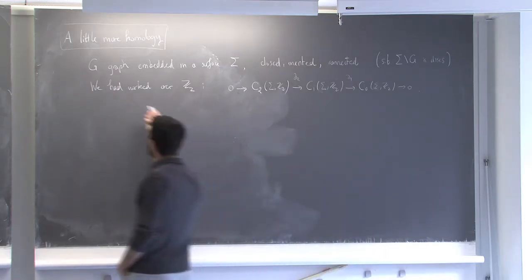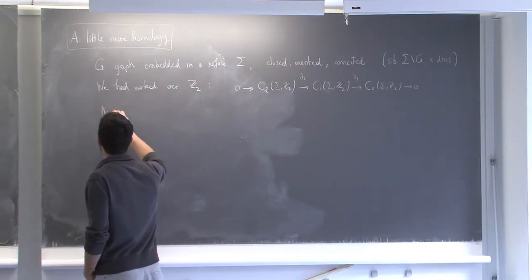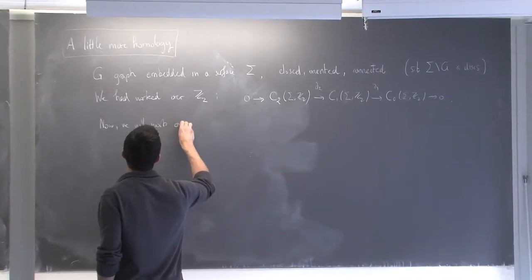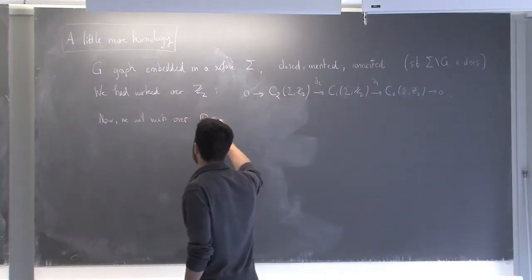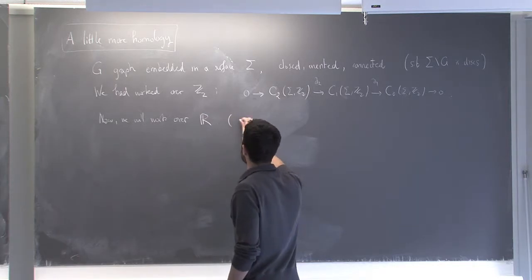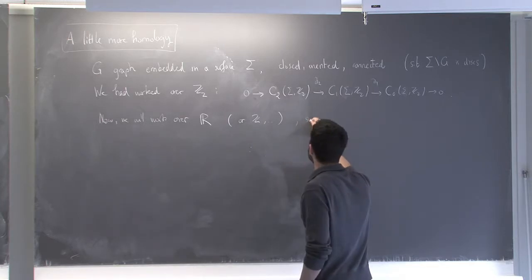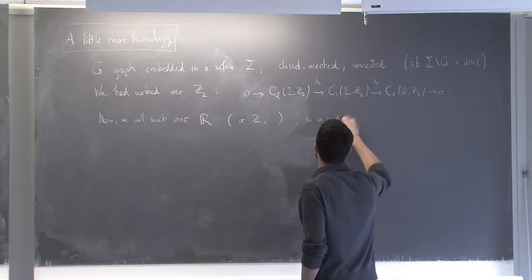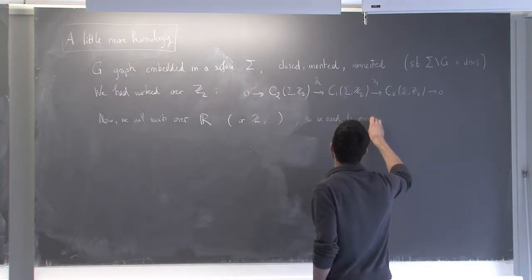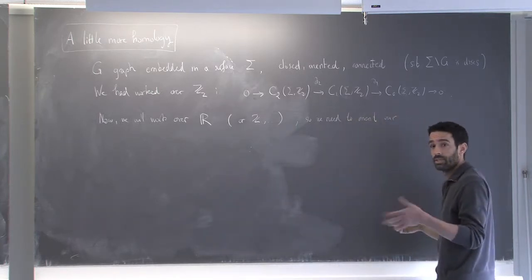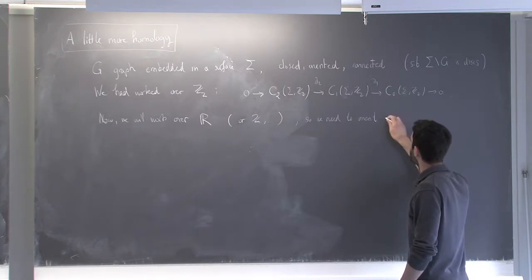So now we will work over R, for example, or let's say Z, or anything, basically. So we need to orient our edges and vertices and faces, everything.